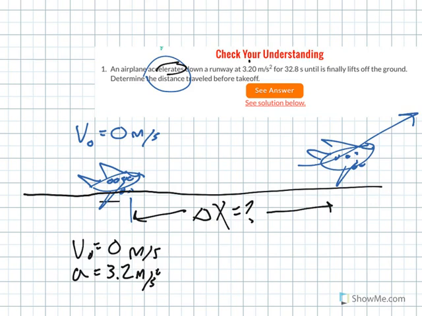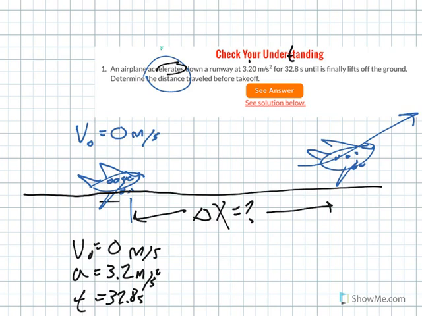It gains 3.2 meters per second of speed every second, which we write in this notation as meters per second squared. And they give you the time, 32.8 seconds. That's the information that you're given.